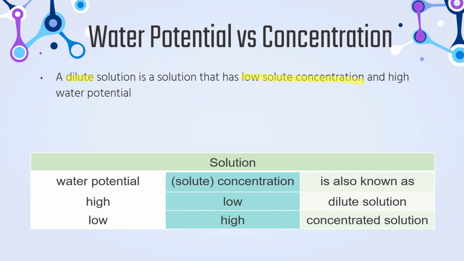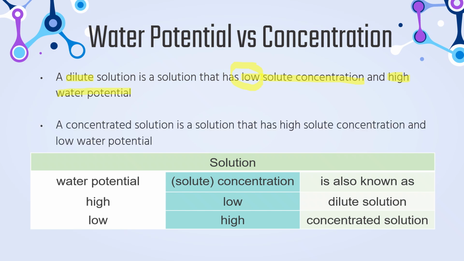And because it has low solute concentration, the water potential is high. It is opposite. On the other hand, if we describe a solution as concentrated, that means it has high solute concentration and low water potential. So water potential and concentration are actually opposite of each other.